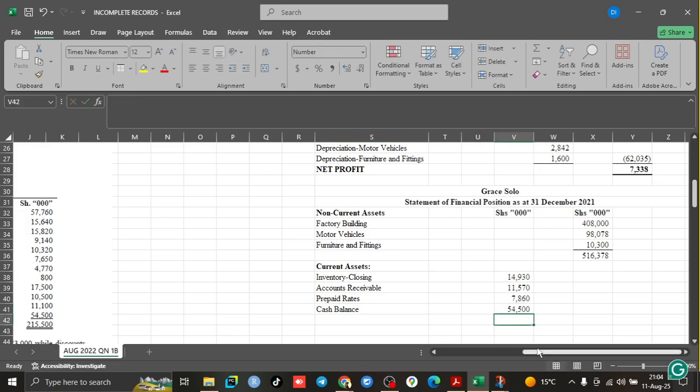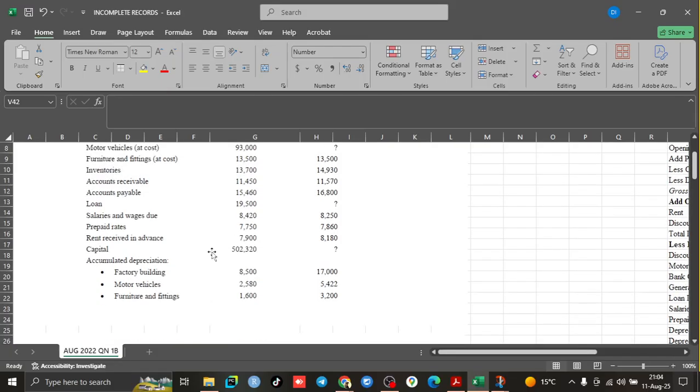I'm not including rent, because rent received in advance is a liability. Someone has paid us rent in advance, so to them it's an asset, to us it's a liability. That's why I put the brought forward and carried forward on the opposite sides.